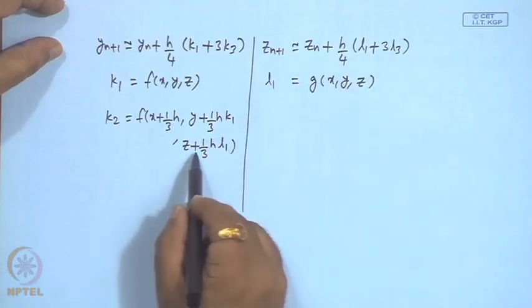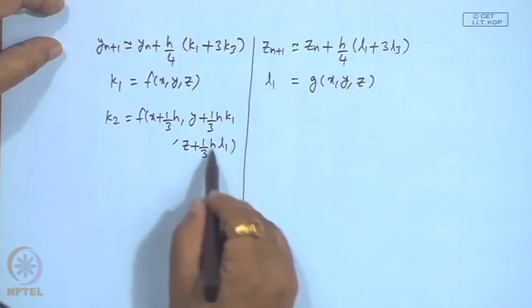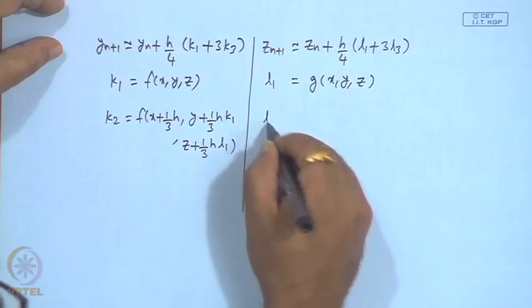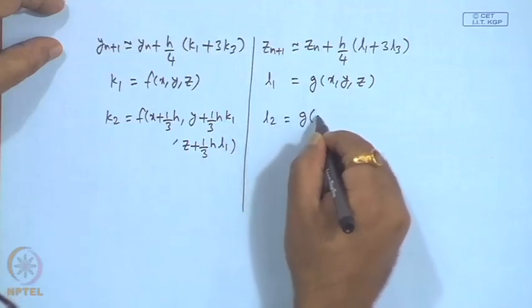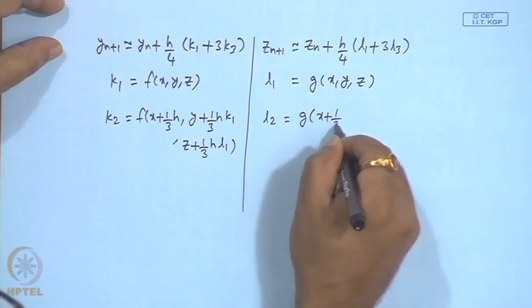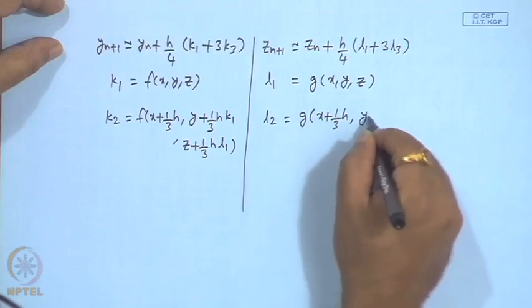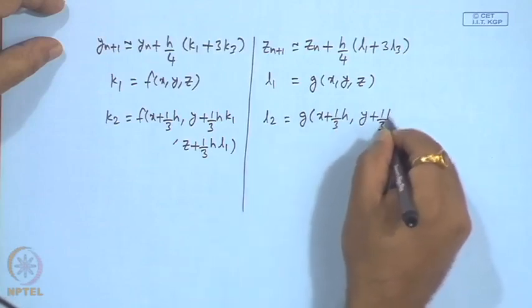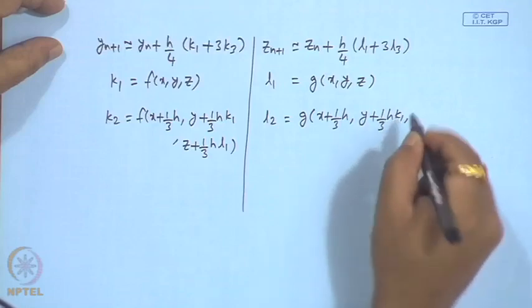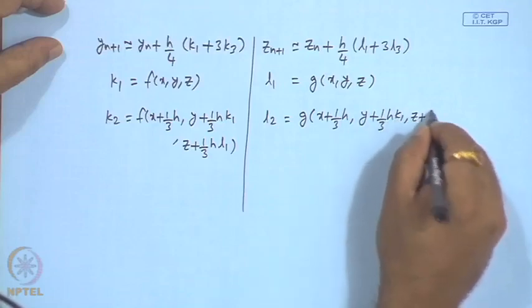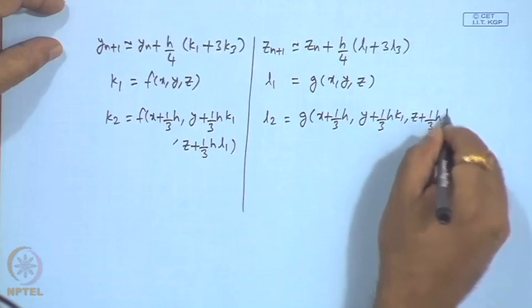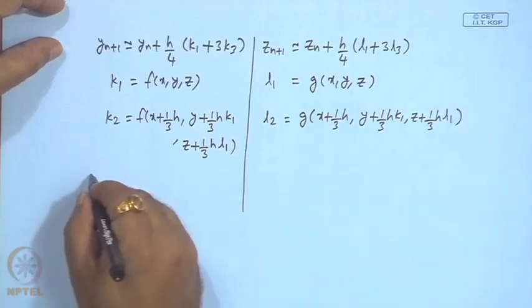So, therefore, in z the increment will be in terms of L's, and L 2 is g of x plus 1 by 3 h, y plus 1 by 3 h k 1, z plus 1 by 3 h L 1.